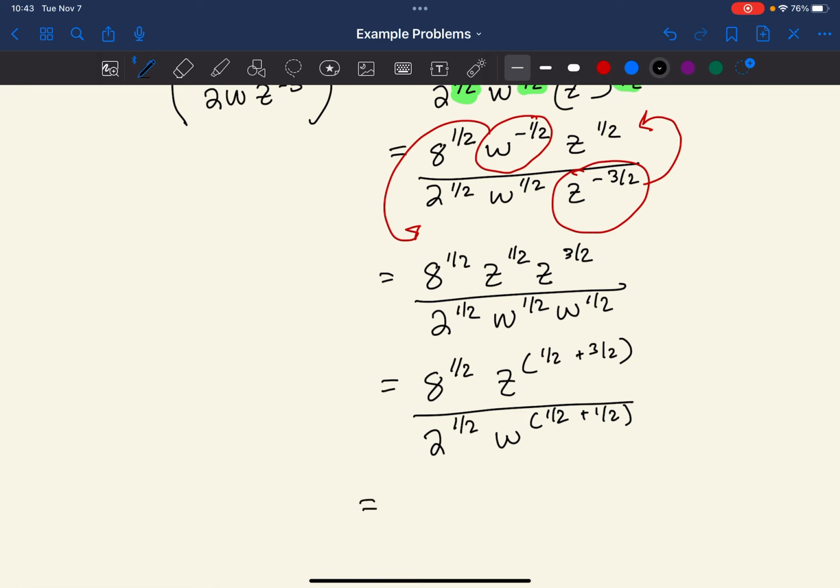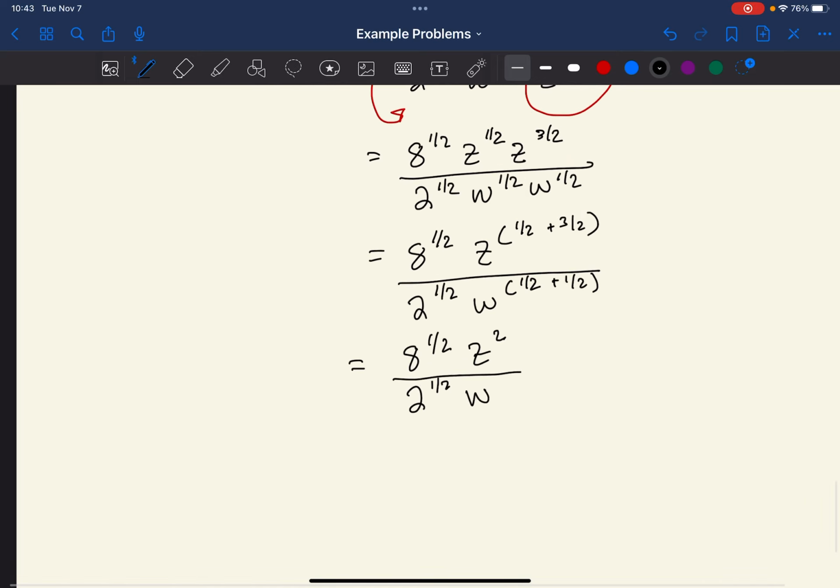When we do that, we get 8 to the 1/2 times z to the 4/2, which is 2, and then 2 to the 1/2 and w to the first power, because 1/2 and 1/2 is just 1.